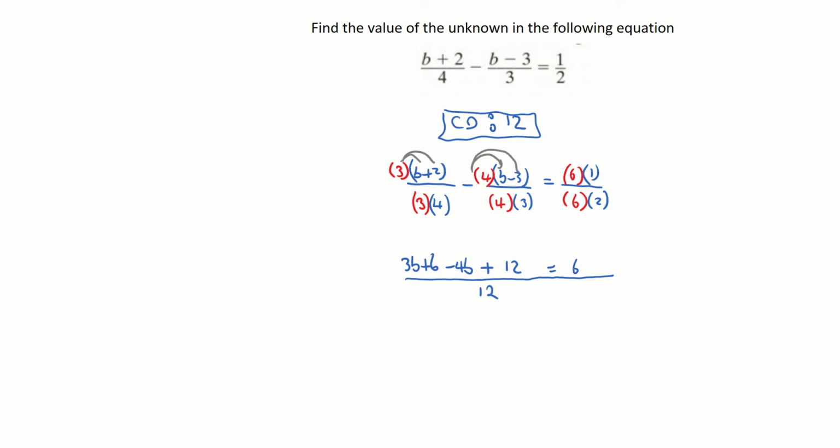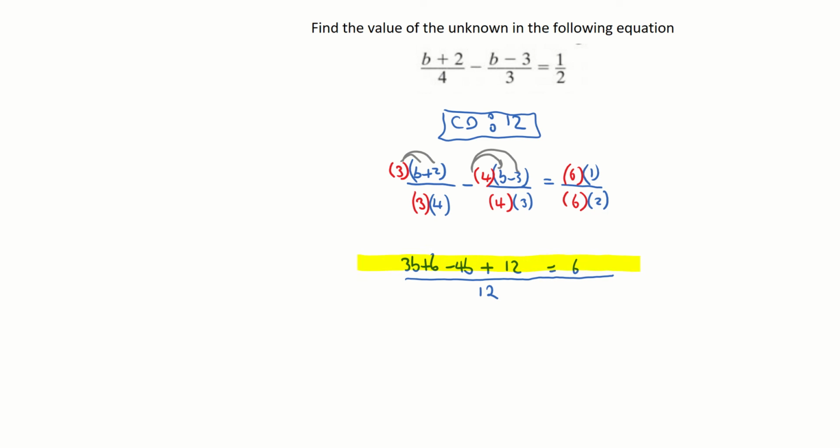The next part is that I need to solve the equation. When you're solving these ones, just take a second and think about what's happening here. The top line is equal to 6, and the bottom line is 12 equal to 12 here, so I'm not really showing that equals 12. All I need to do is solve for b. And b is on the top of the fraction, the numerator.